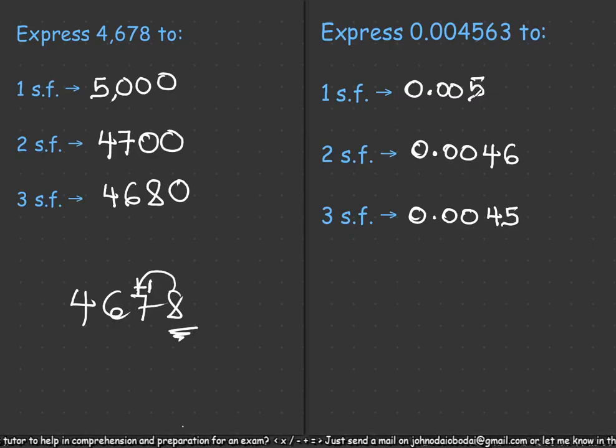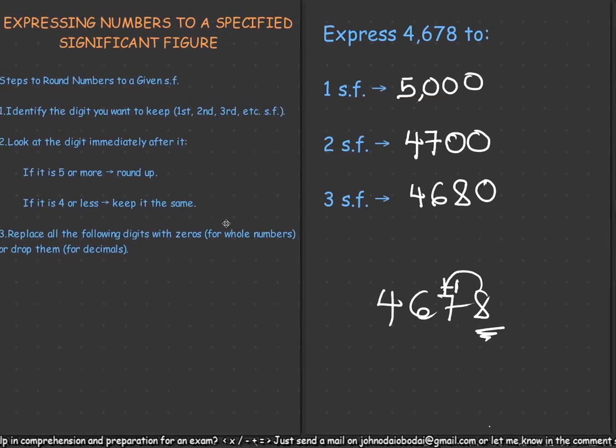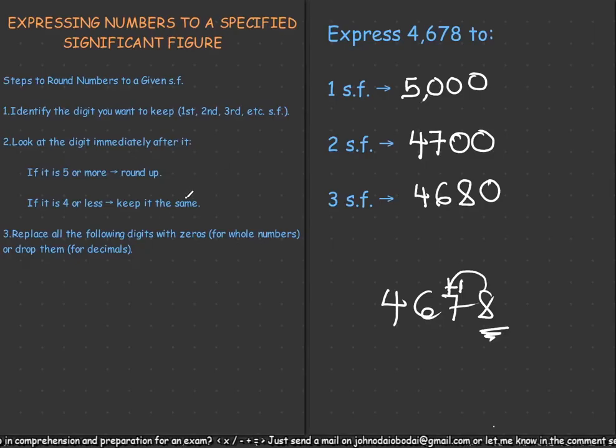We said if it is 5 or more, it goes up. If it is less, then we don't add anything at all. And since it is less, it satisfies that condition. So 6 remains just as it is. Easy.